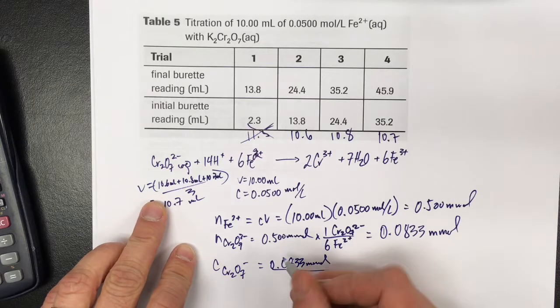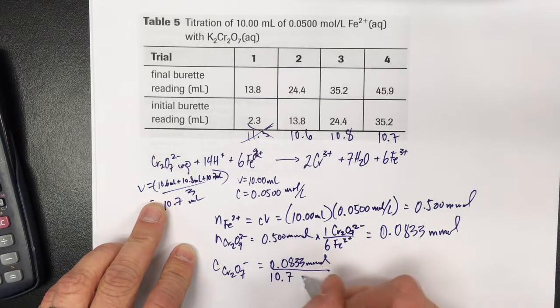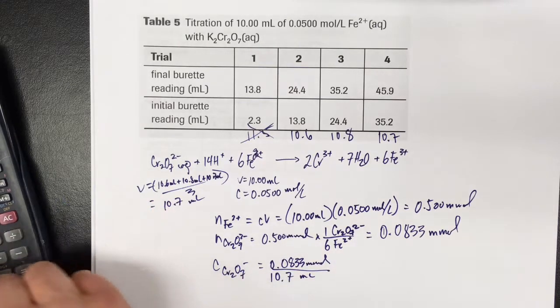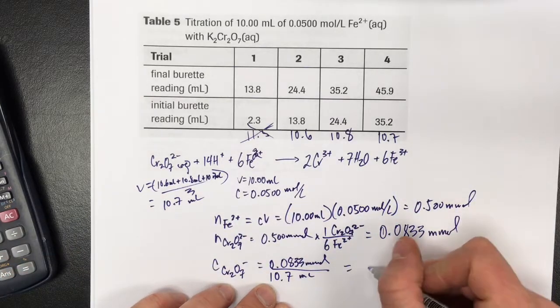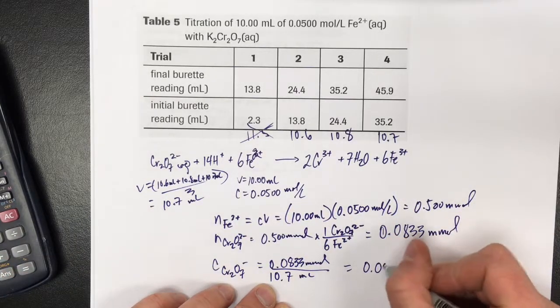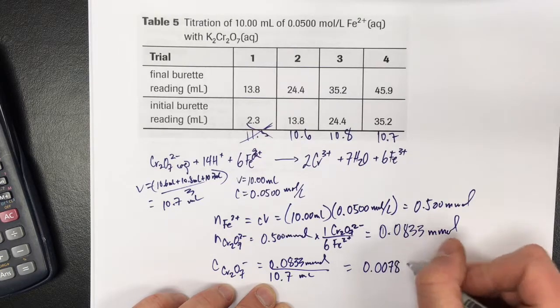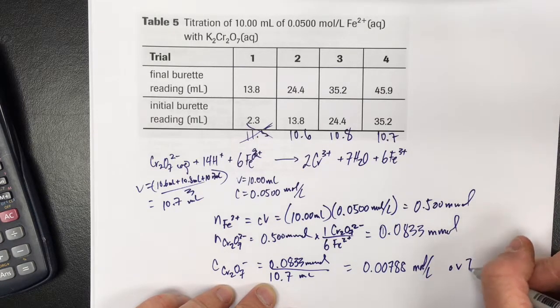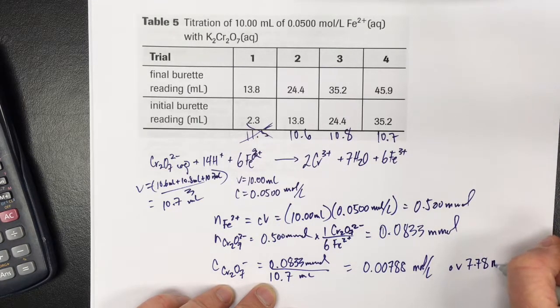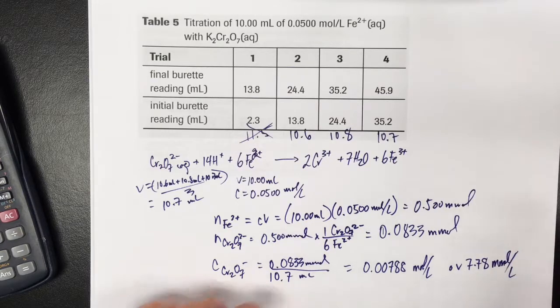And the number of milliliters of dichromate were 10.7 milliliters. So I get 0.00788 mole per liter, or that'll be 7.88 millimole per liter, same thing.